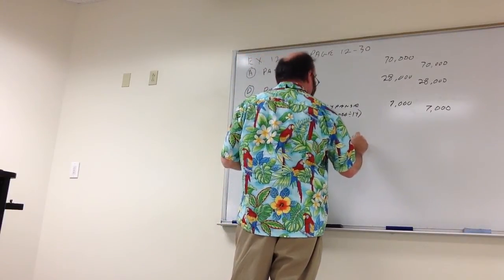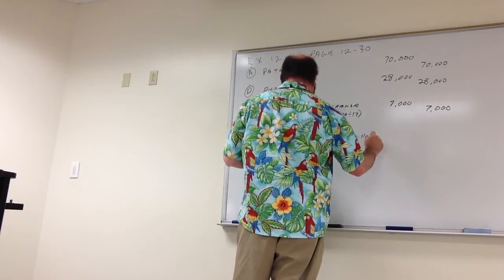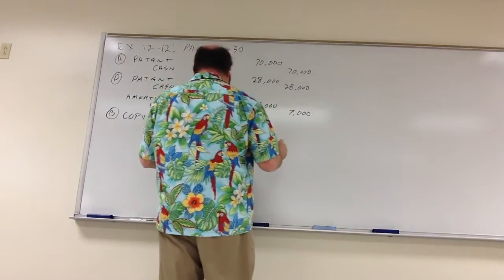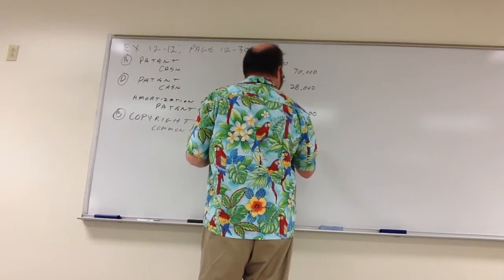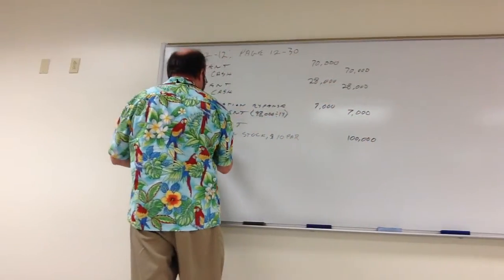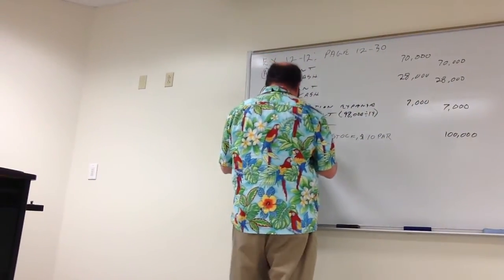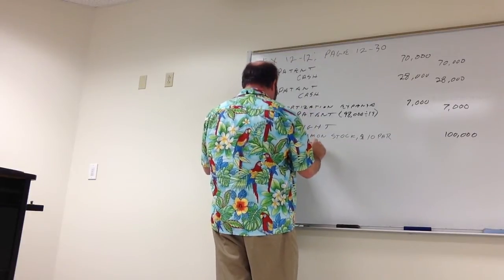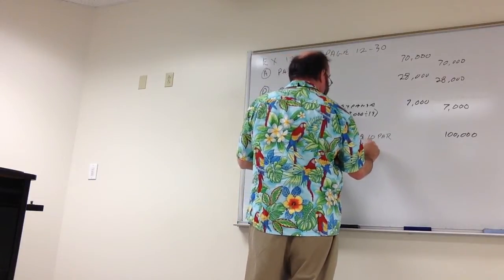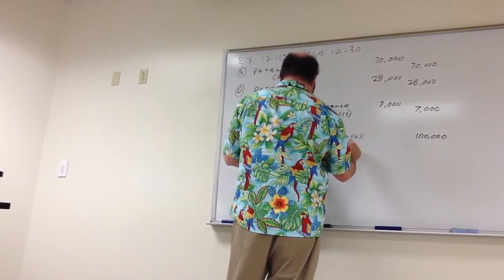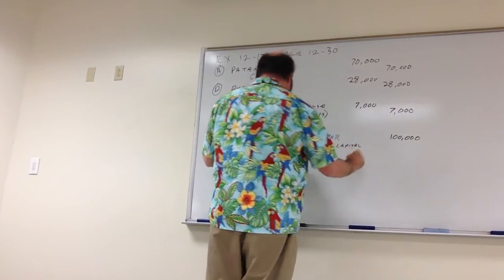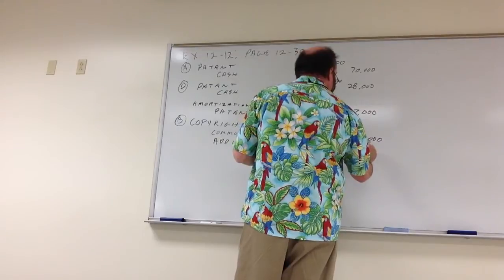At a $10 par, 10,000 shares of stock is $100,000 in par value, and it's currently selling at $50 over par. So additional paid-in capital is $500,000.